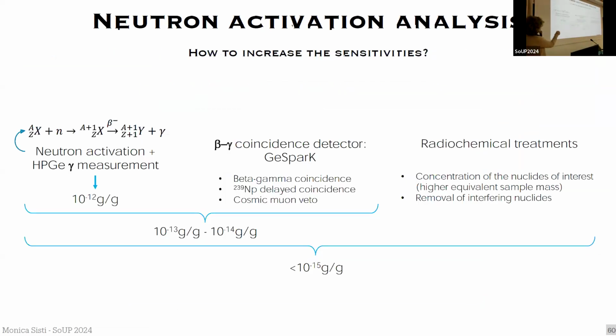So this is the typical sensitivity you can reach with neutron activation analysis at the level of PPT with simple activation and gamma spectroscopy. With a beta gamma coincidence, you can go to 10 to minus 13, 10 to minus 14, and then if you use also radiochemical treatments, you can decrease by another order of magnitude.